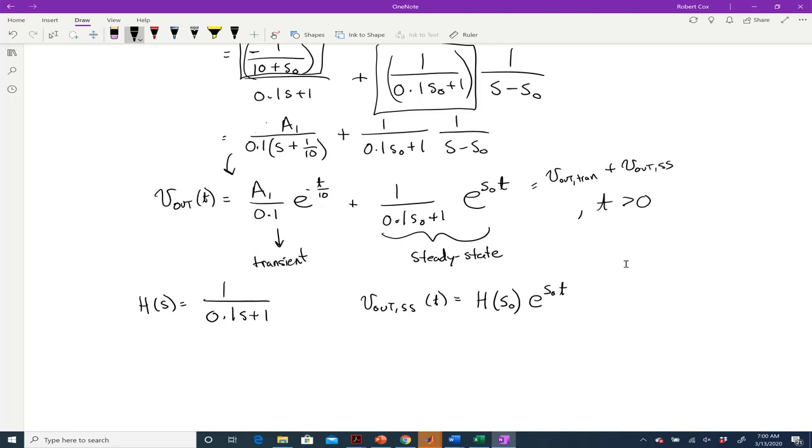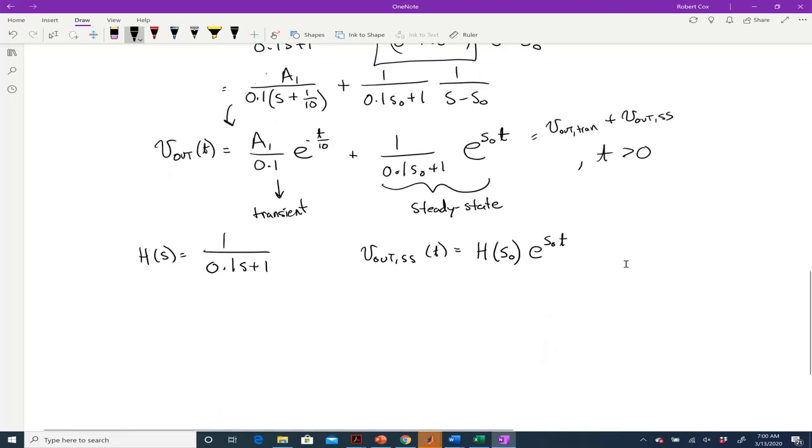Okay, so what that says is, in the special case that I have a complex exponential input, the steady state response is simply going to be the complex exponential that I put in times the transfer function evaluated at the complex number s naught.